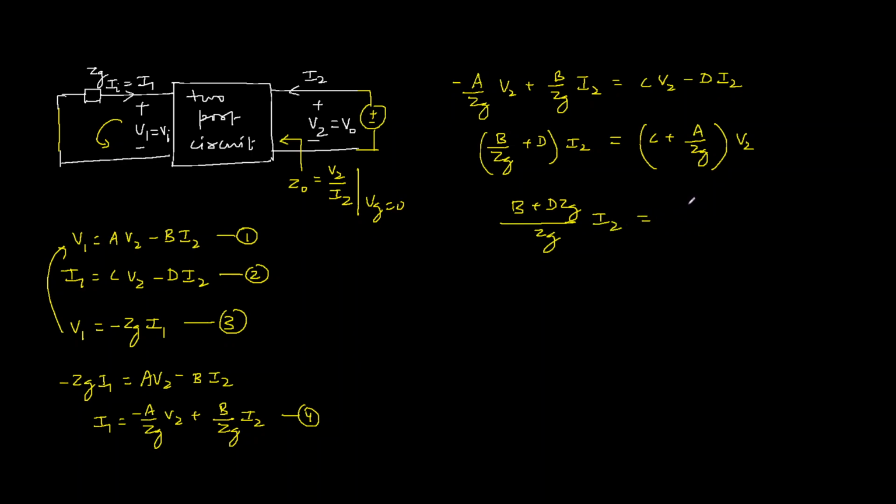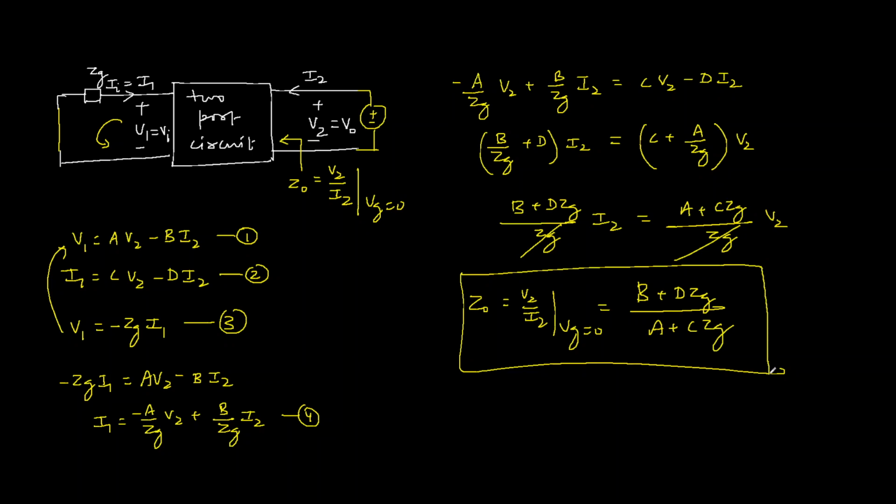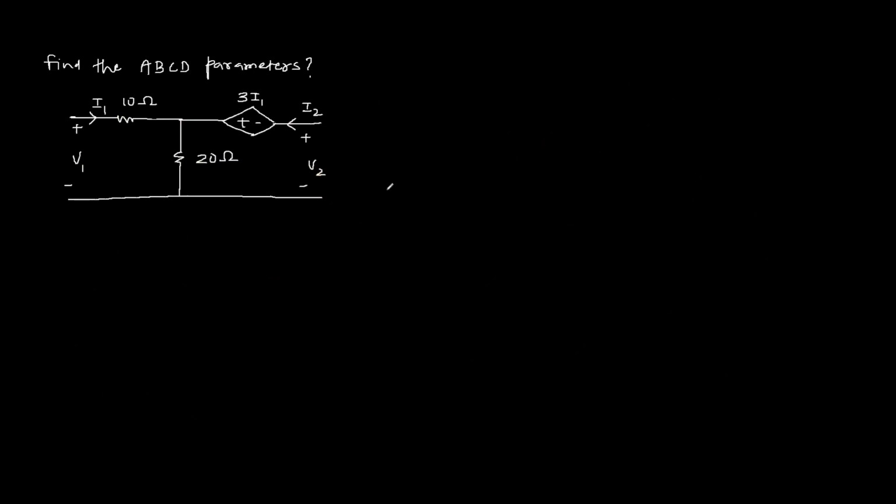On the right hand side, we have A plus C ZG over ZG V2. So these two ZGs are cancelled out. So Z naught, which is V2 over I2 when VG is 0, is equal to B plus D ZG over A plus C ZG. So that's how we find out the expression for output impedance.